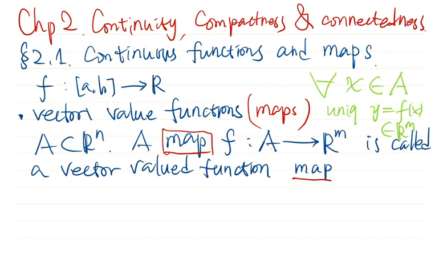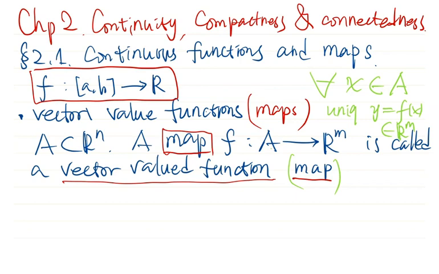This is what the map means. Such a map is called a vector valued function. But for simplicity, we also just call it a map.